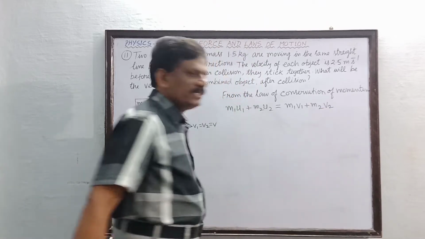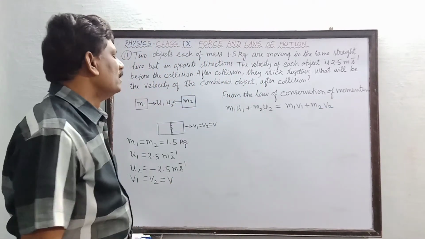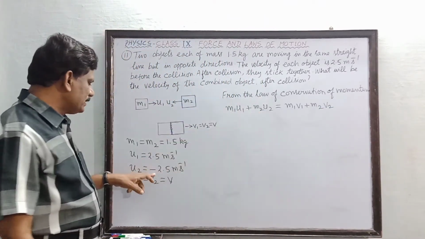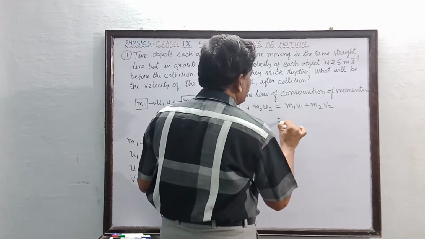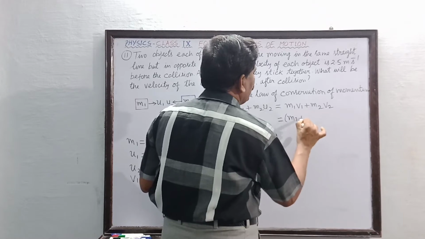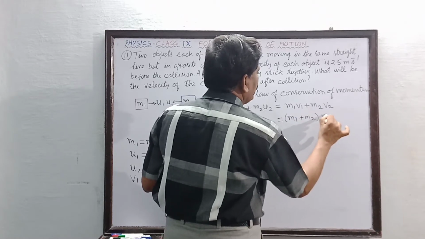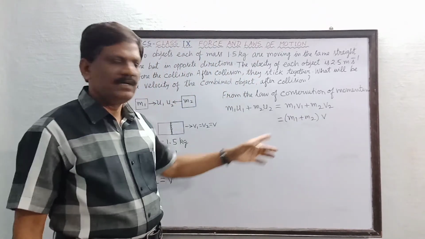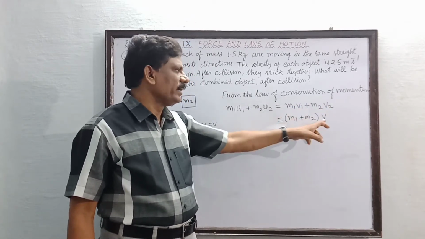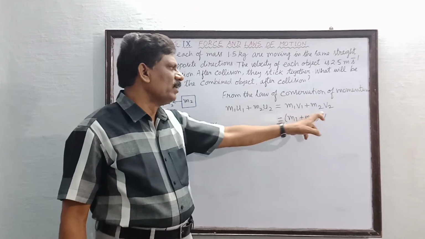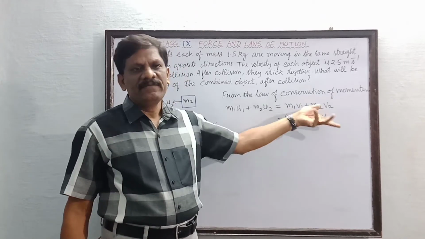This is the general expression. So here you see that u2 is negative and v1 is equal to v2. Therefore this also can be written as m1 plus m2 into v, because v is a common factor. So m1 into v plus m2 into v.